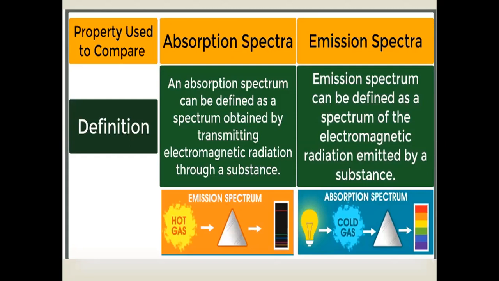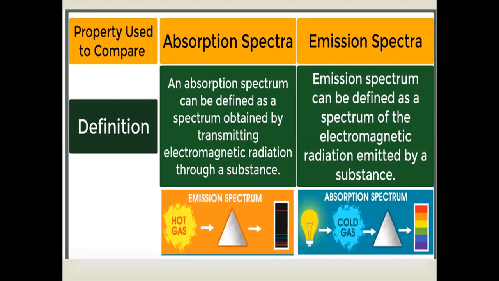Whenever there is an increase in temperature, that particular object is capable of giving out radiation. So this is a self-luminant object, an object which can give out radiation on its own. And the radiation is passed through a prism and studied, and we will get a spectrum.